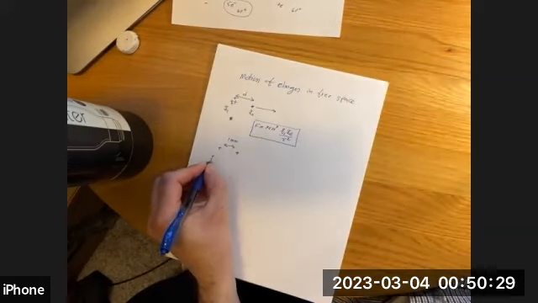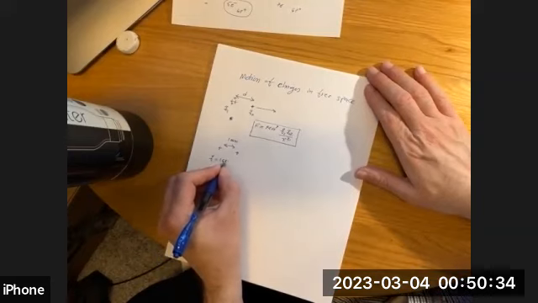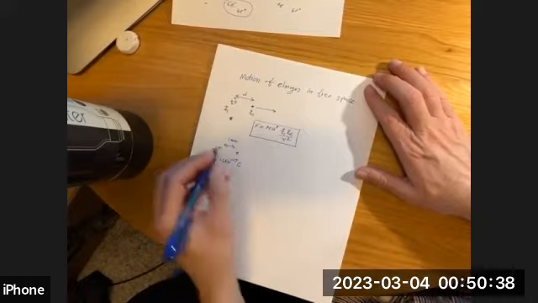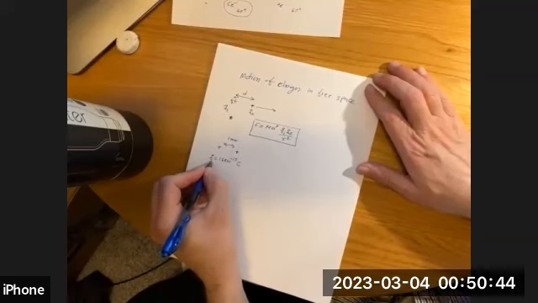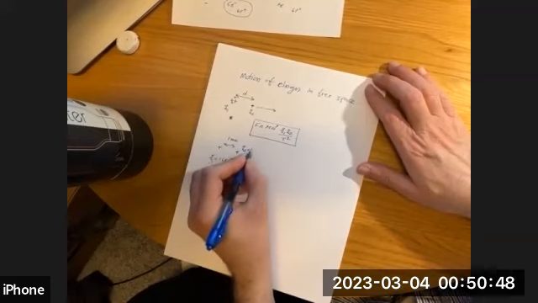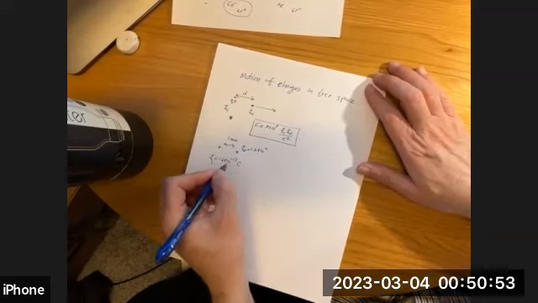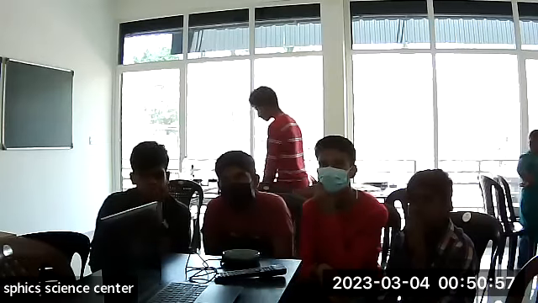The charge of the proton is 1.6 times 10 to the power minus 19 coulomb. So that's the first charge. The second is also a proton, so it's going to have the same charge. Q1 and Q2 are 1.6 times 10 to the power minus 19 coulomb.